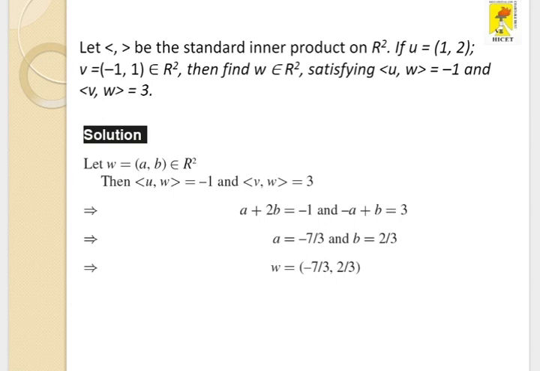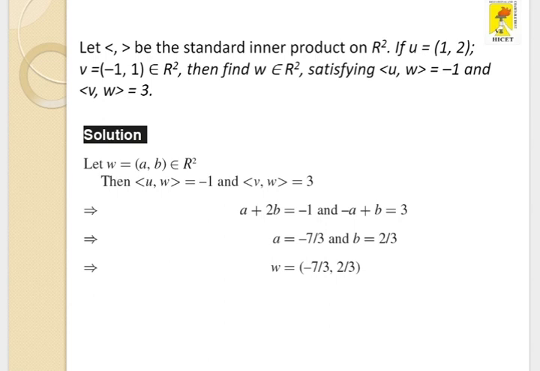Now we are going to find out what our w value is. Let us take w equal to a comma b belonging to R square. Now what is given? Inner product of u comma w is minus 1 and v comma w is 3. To find the inner product values, we multiply a with 1 and b with 2. So it is a plus 2b equal to minus 1.